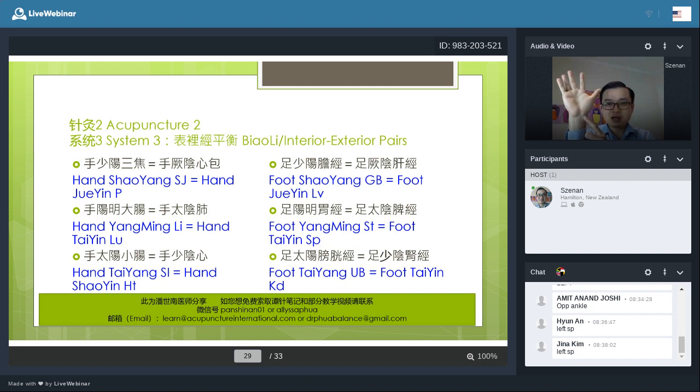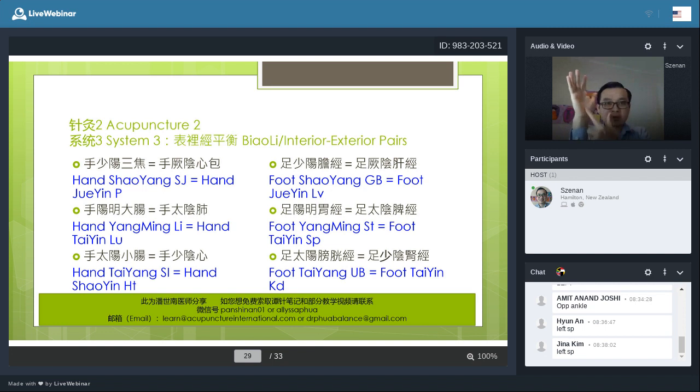So lung is on the thumb side of the yin aspect, and on the thumb side of the yang aspect is the large intestine meridian. They both are in a 表里 relationship. They both can balance each other.